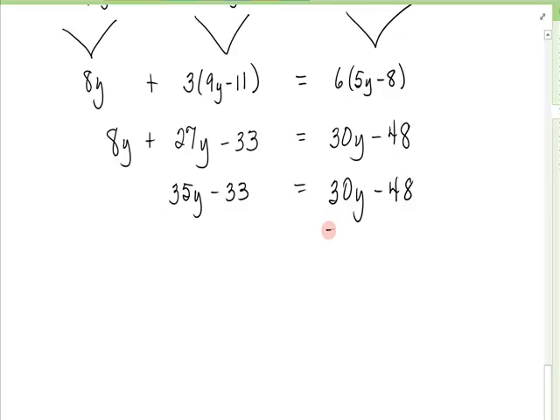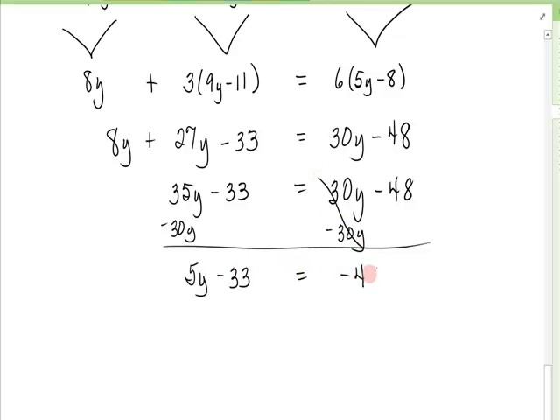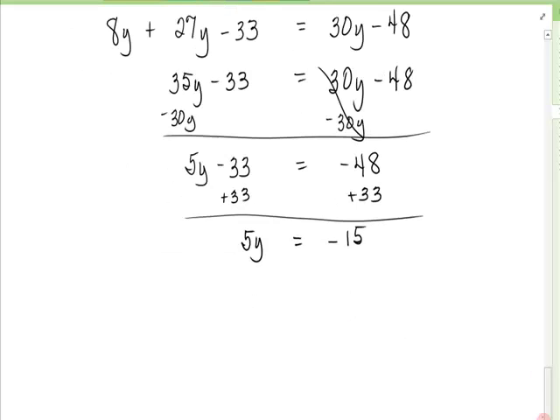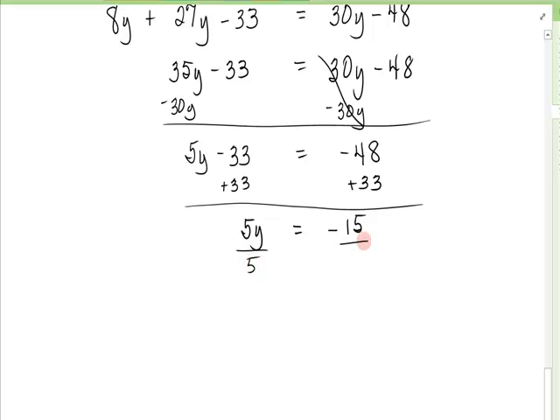I choose to get the y's on the left, so I'm going to subtract 30y. That gives me 5y minus 33 is equal to, those are gone, negative 48. Add 33 to both sides. I have 5y is equal to negative 15. Divide by 5. y is equal to negative 3.